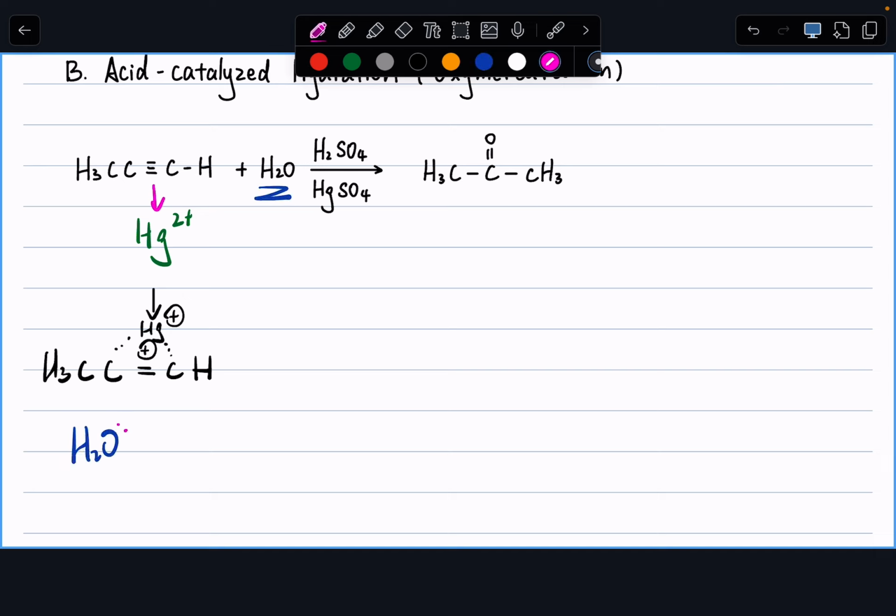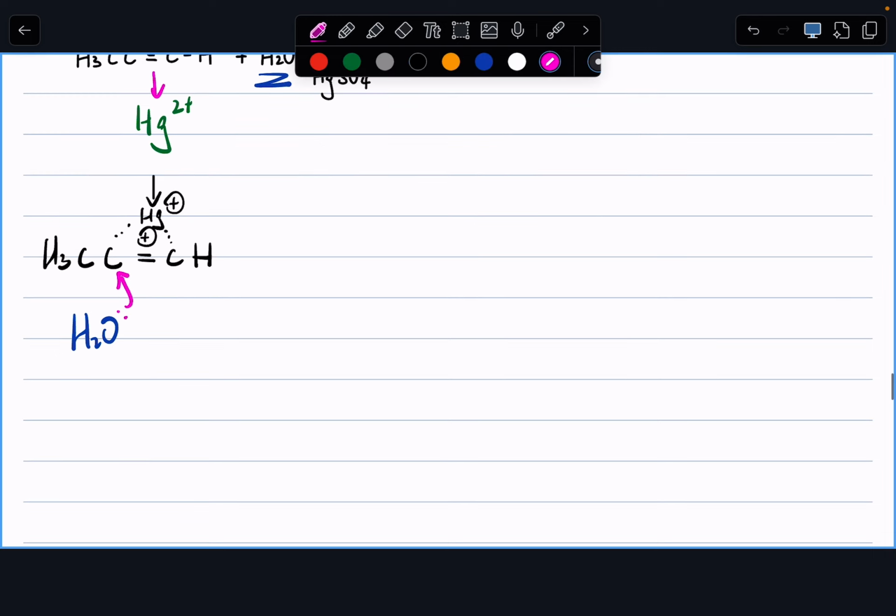So my nucleophile attacks again from the opposite side, and the major contributor from my resonance structure. And the product here will be my CH3 attached to carbon. My oxonium ion must be trans to my mercury and hydrogen.